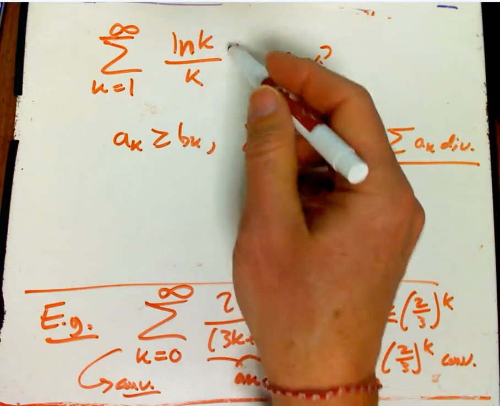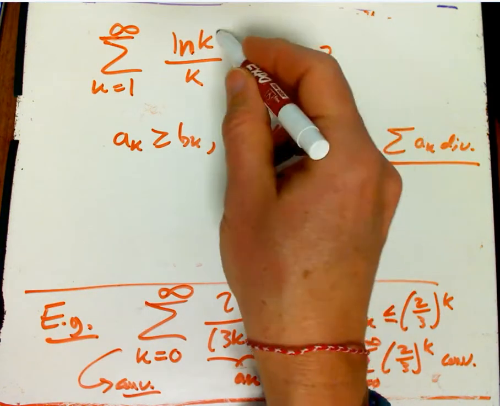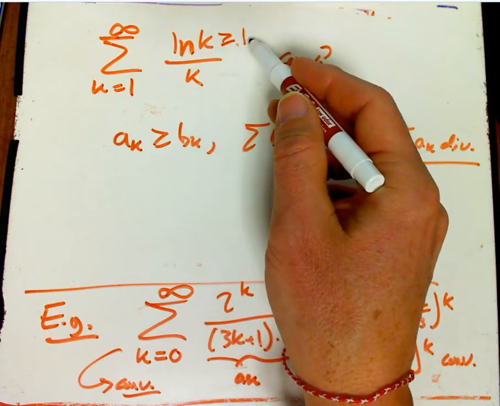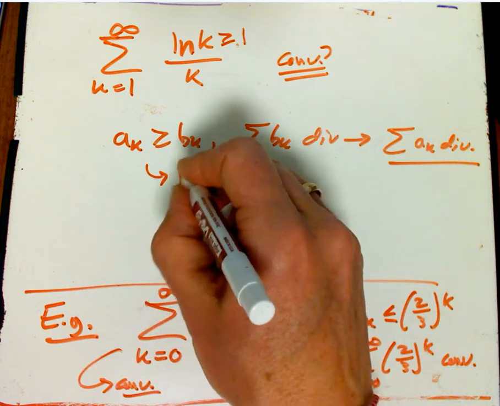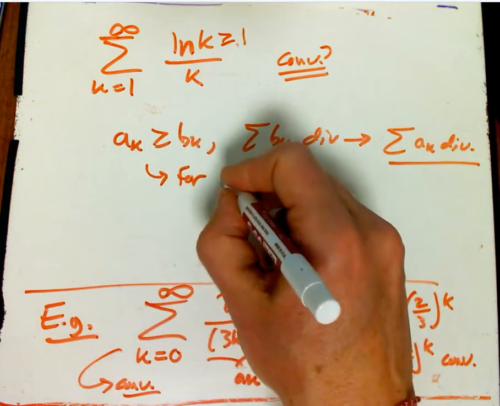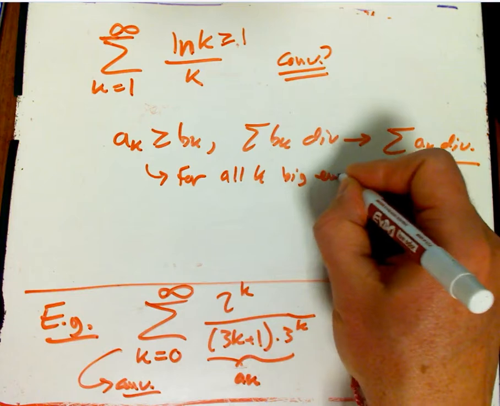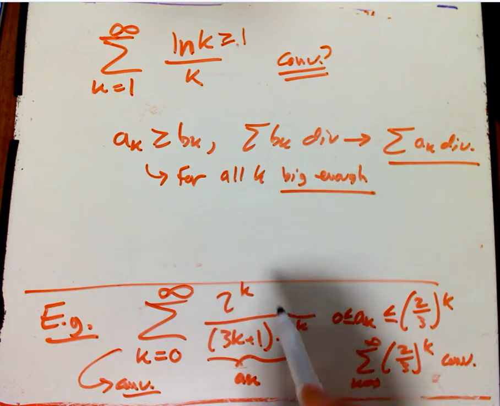Okay, now wait a minute. As soon as k is bigger than e, let's say, these guys are bigger than 1. Actually, I might as well mention that the comparison test works as long as this kind of comparison eventually works for all k big enough. If you have a few counterexamples for finitely many k, it doesn't matter because all we're worried about is the limit as k goes to infinity.